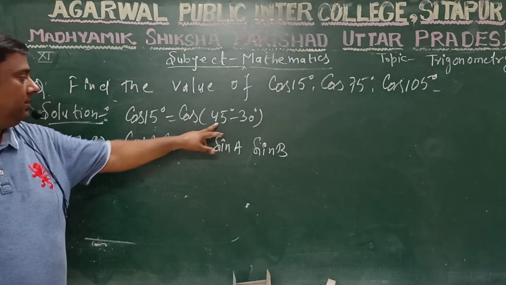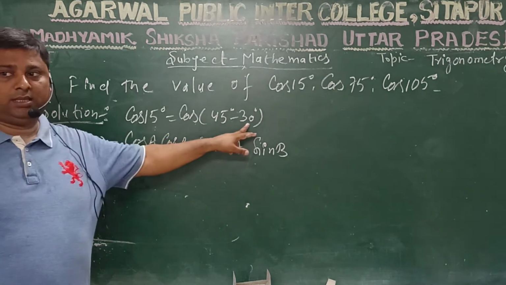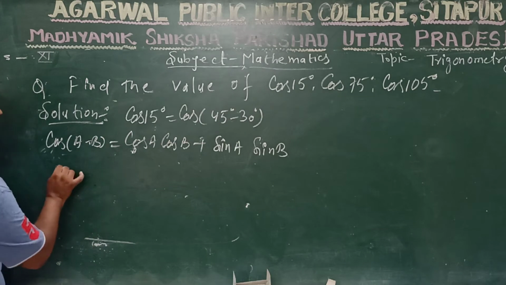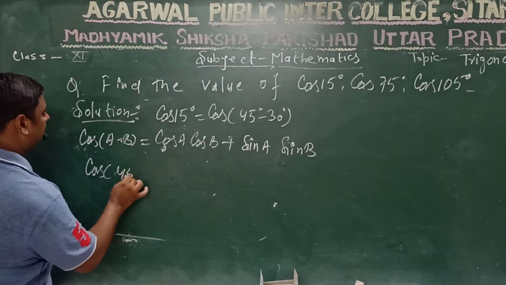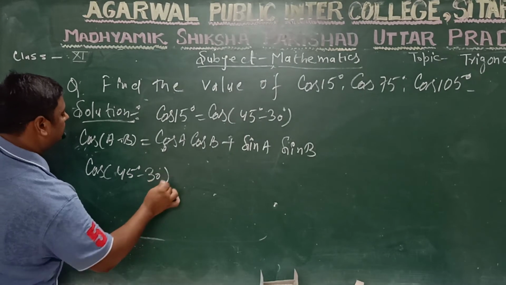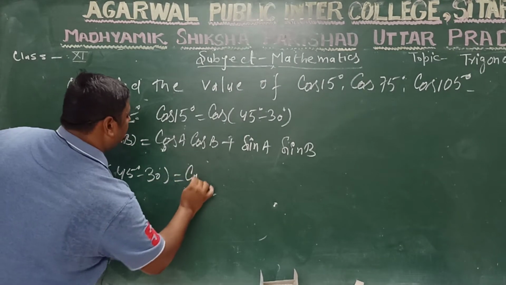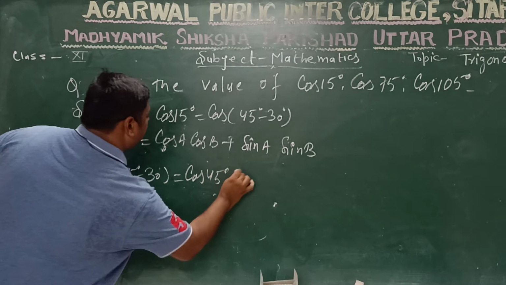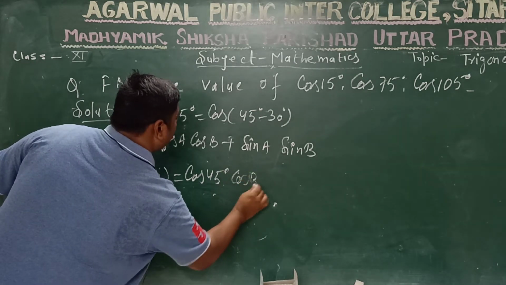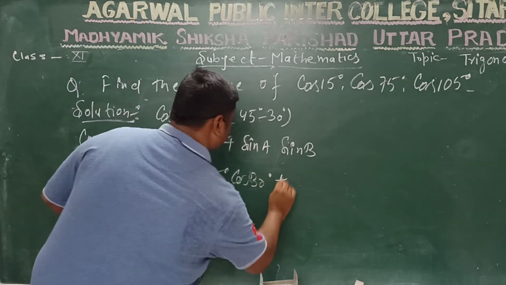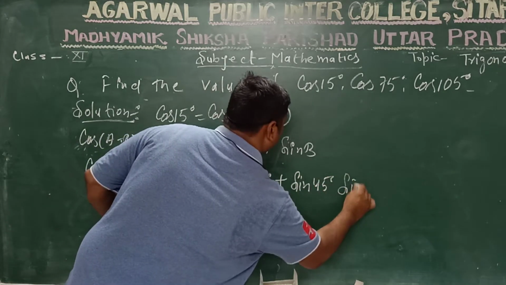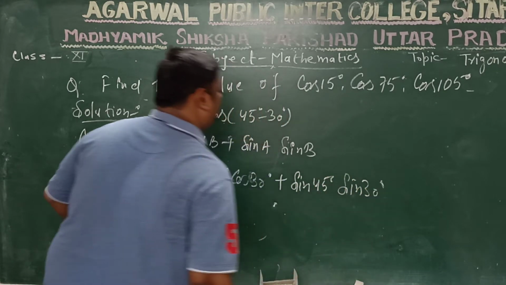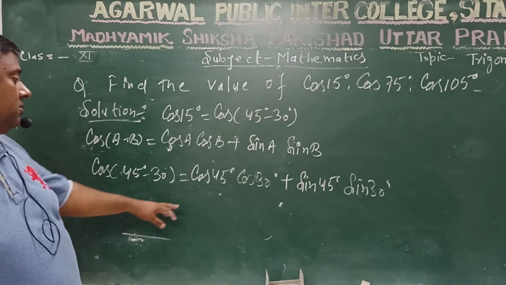This is 45. And what is the value of B? This is 30 degree. Sin 30 degree.